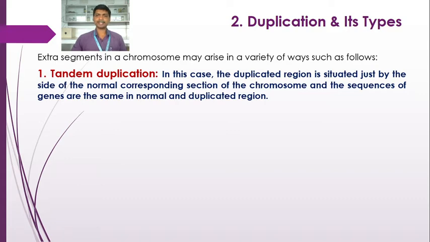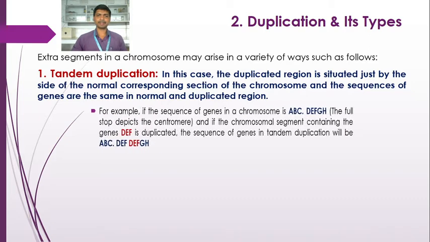The duplicated region, as you can see in the previous slide, here genes 3 and 4 have been duplicated, and they are situated just by the side of the normal corresponding section of the chromosome.